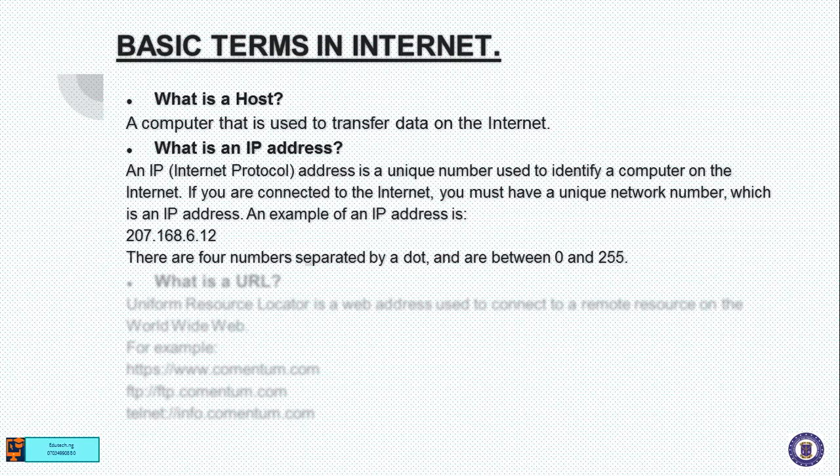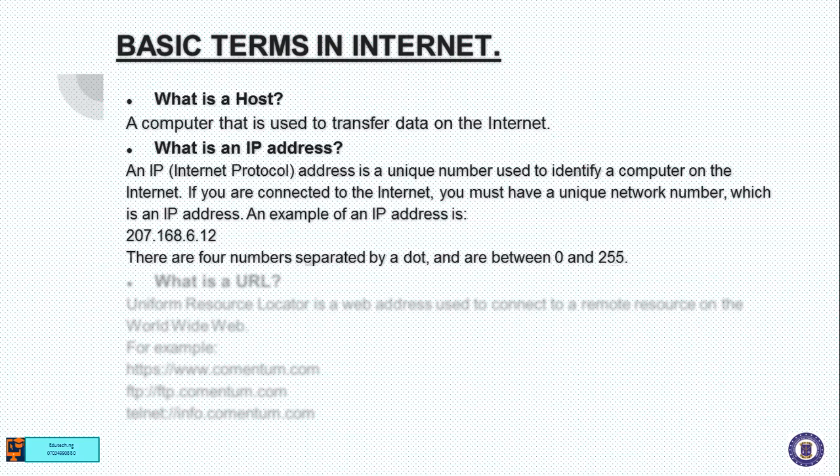If you are connected to the internet, you must have a unique network number, which is an IP address. An example of an IP address is this: 207.168.6.12. There are 4 numbers separated by a dot and are between 0 and 255.